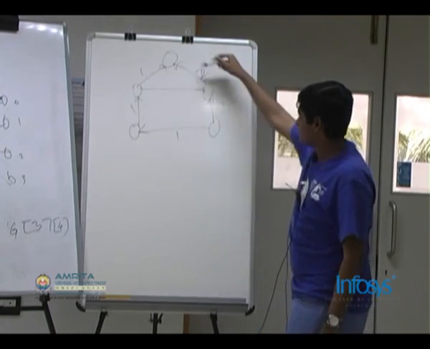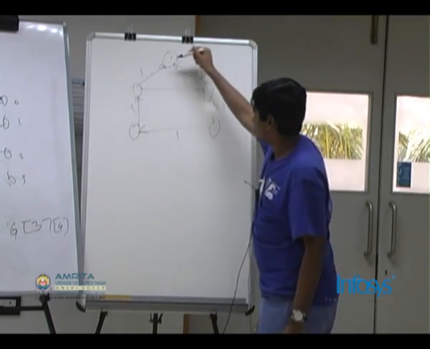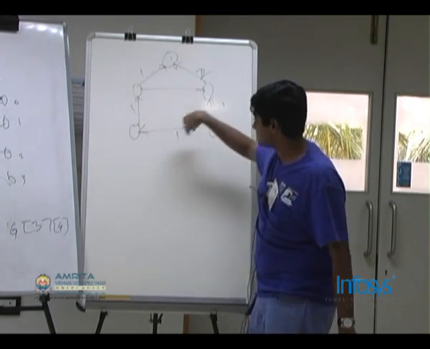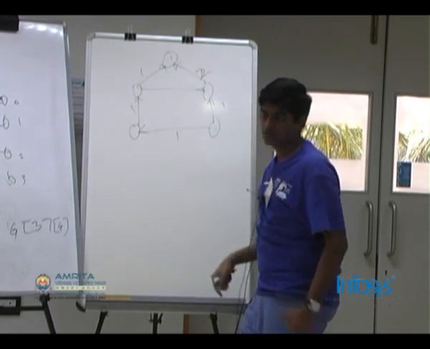Then this is a path from this node to node 1, and this is another path from this node to node 1. Both these paths must have equal cost.